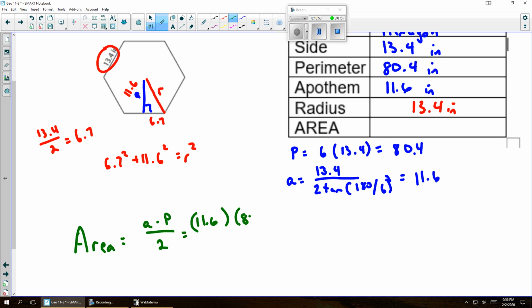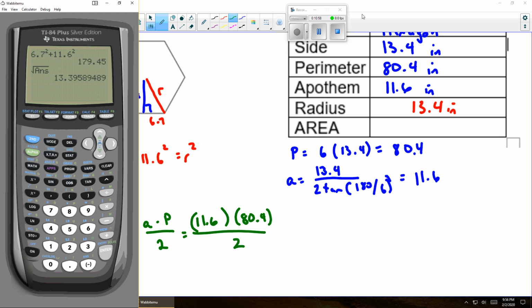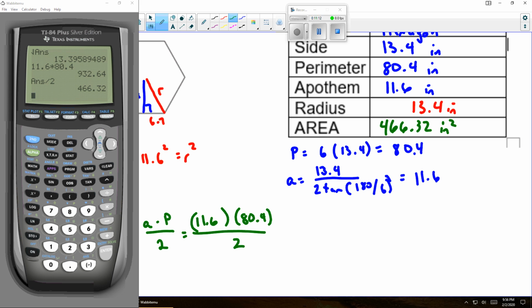Of course, you can grab your calculator. 11.6 times 80.4 divided by 2. 466.32. And those are in square units. So the area is in whatever the units are squared.